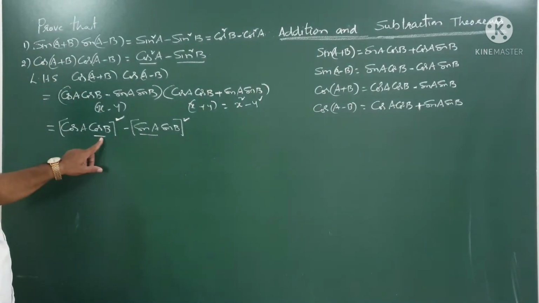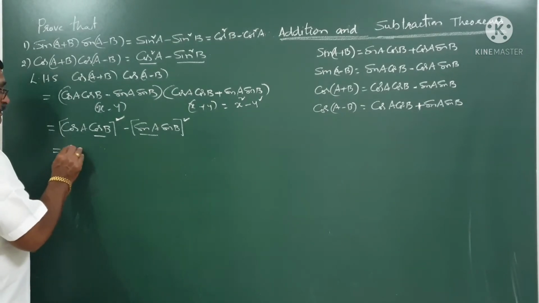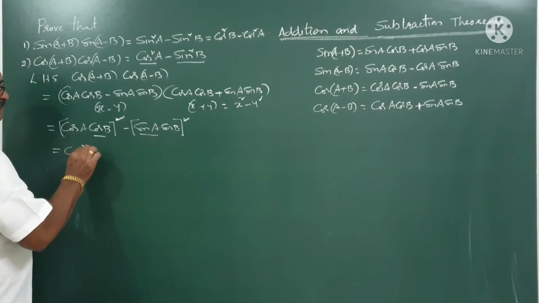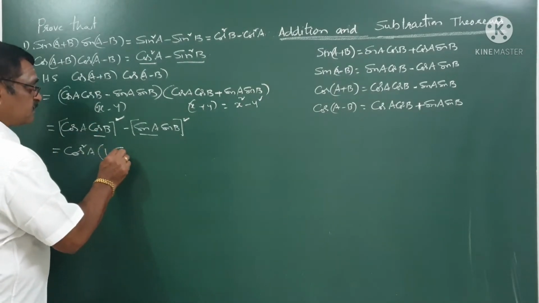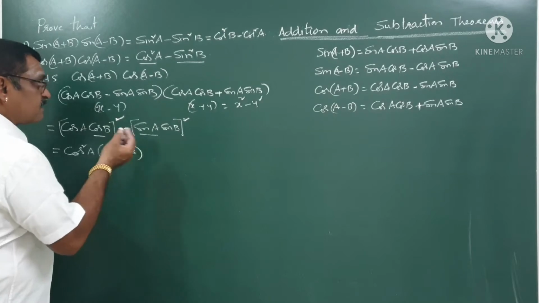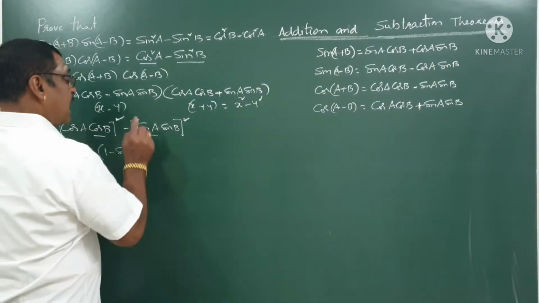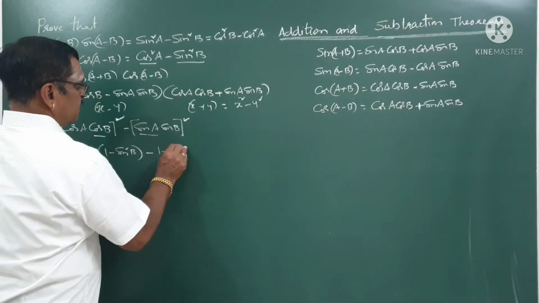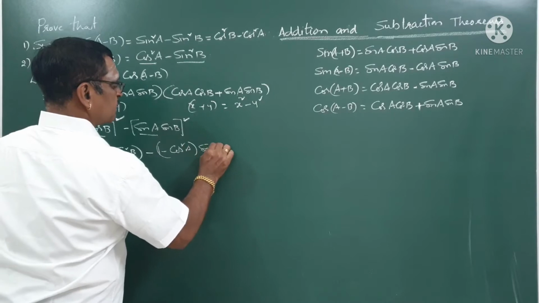How I can convert cos b, already you know it, that is cos square a, and cos square b can be written as 1 minus sin square b, because I don't want cos square. Same way I don't want sin square also, I can write cos square a times sin square b.